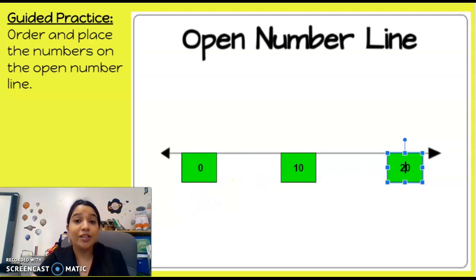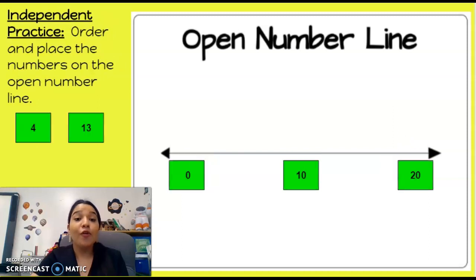Let's look at your activity for today. You're going to order and place the numbers on the open number line. Right here we have 0, 10, and 20, what I just showed you. We just did this together. But now it's your turn to show me where 4 goes and where 13 goes on the number line. Remember that on the left of the number line we have the smallest numbers, so it goes from smallest to biggest.